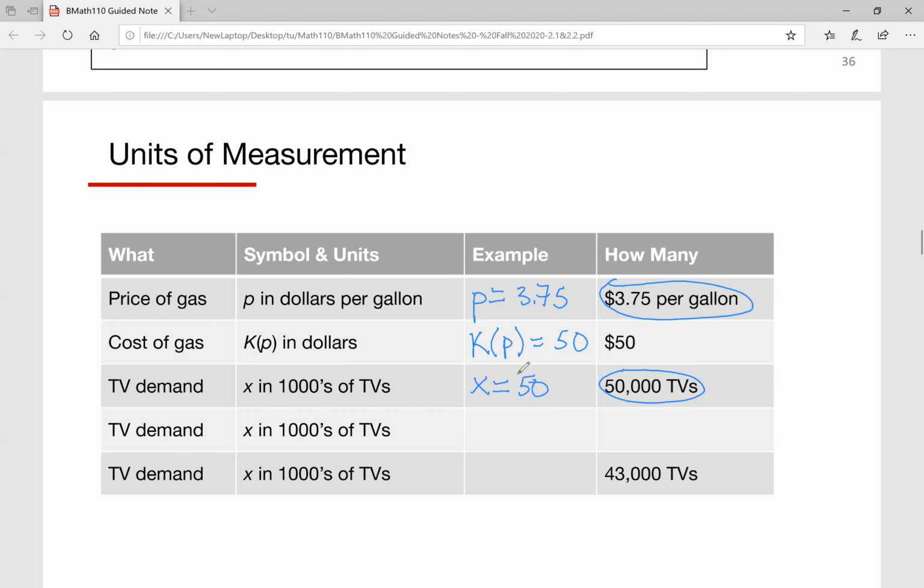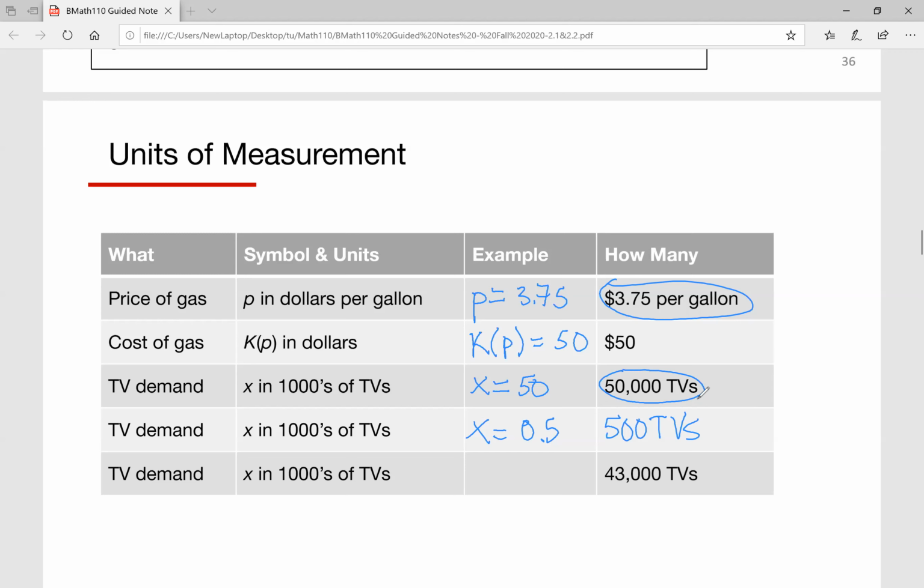Because the unit is in thousands, so you multiply by 1,000, then you get 50,000. Okay, so I'm gonna try if x equals say 0.5, then how many TVs do I have? I'm gonna multiply by 1,000, so I have 500 TVs.